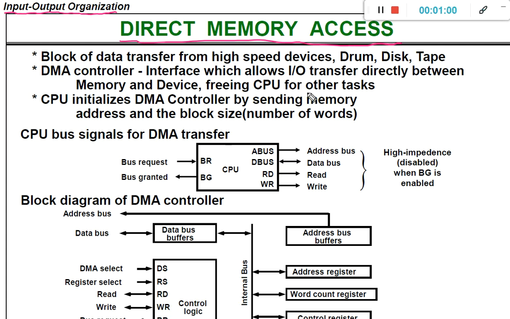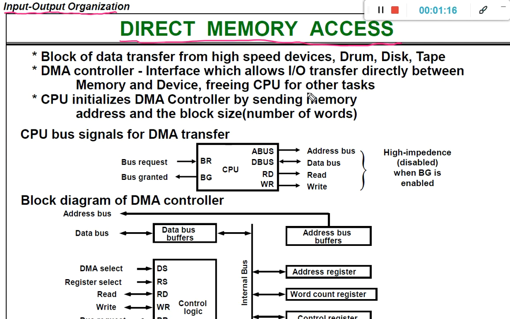we derived interrupt initiated I/O, in which instead of the CPU continuously checking for the readiness of the I/O device, the I/O device sends an interrupt signal to the CPU, telling it that it is ready for data transmission.